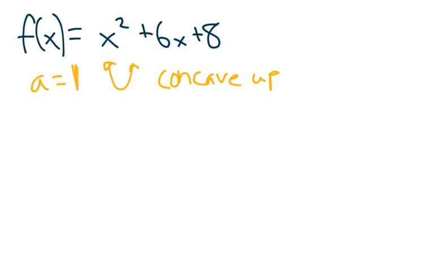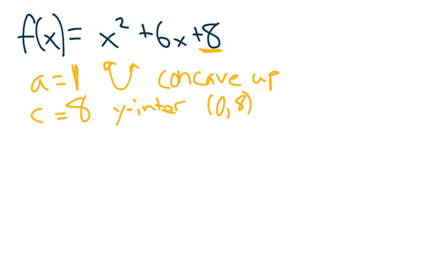Since it's also in standard form, we can look at c, which is 8, and we know that the y-intercept is going to be at 0, 8. That's pretty much all we get from standard form straight up.